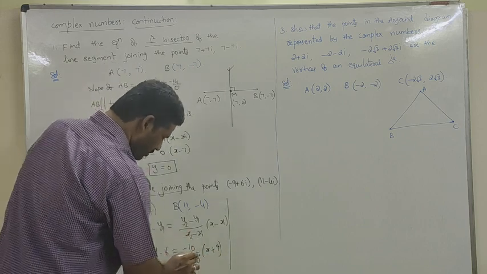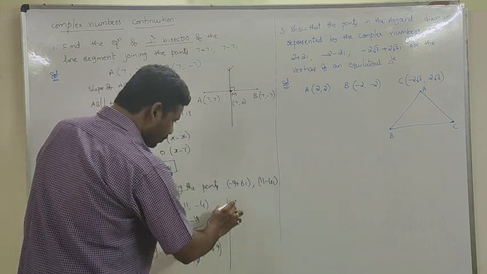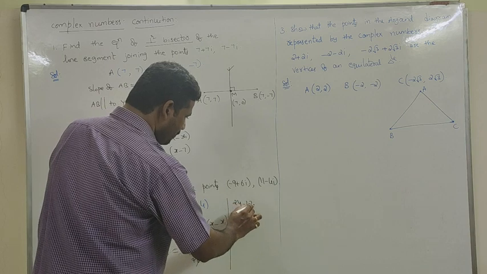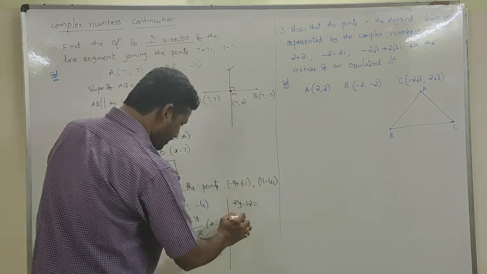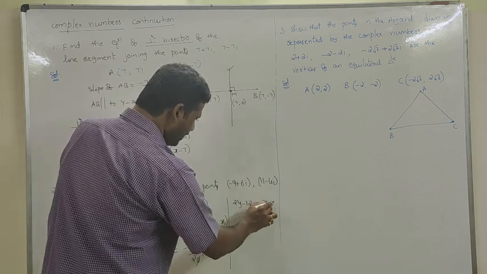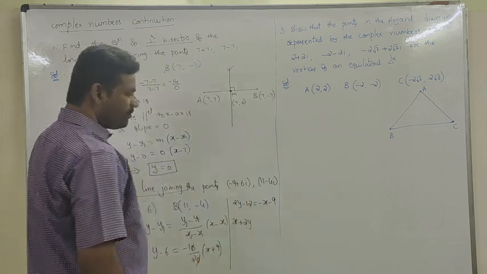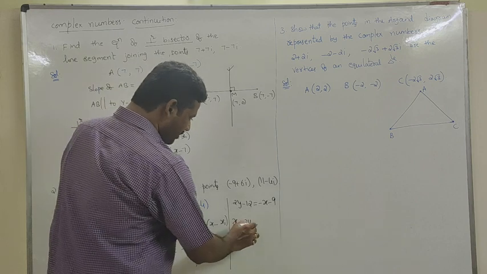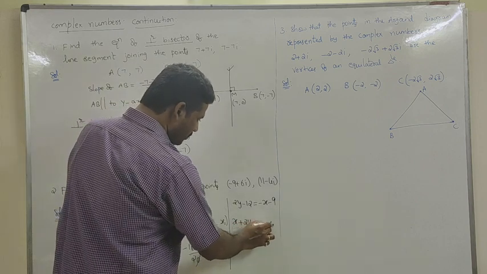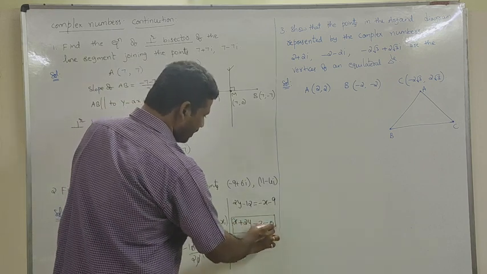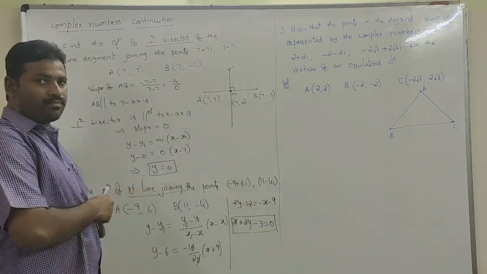So 2 times y minus 6, 2y minus 12 equal to minus x minus 9. Take this across: x plus 2y minus 12 plus 9, minus 3, equal to 0. This is the required equation of line.